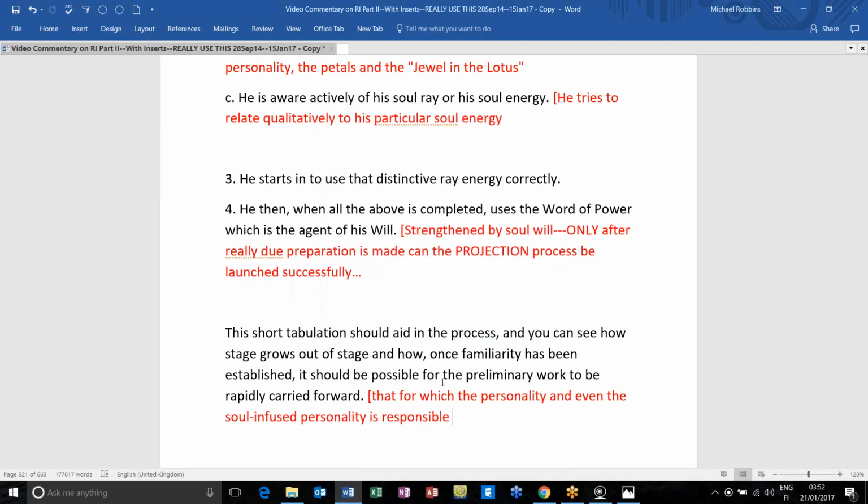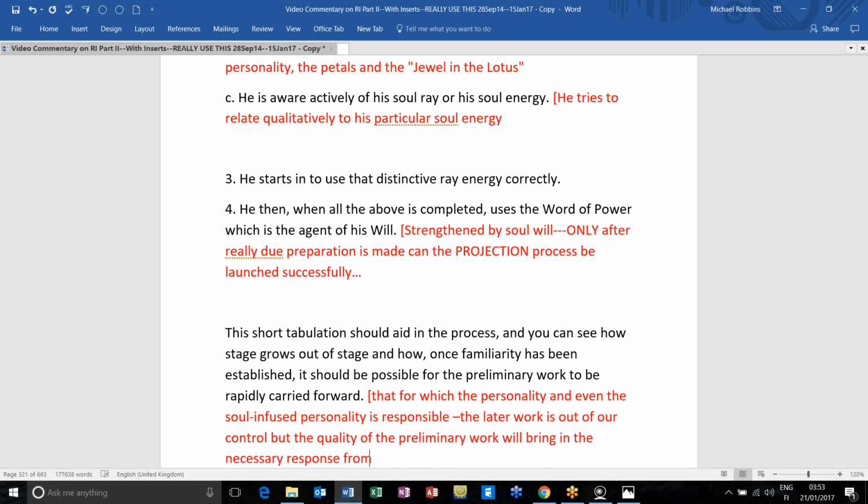Ponder on this. Well, and of course, later work is out of our control, but the quality of the preliminary work will bring in the necessary response from the higher aspects of our nature.